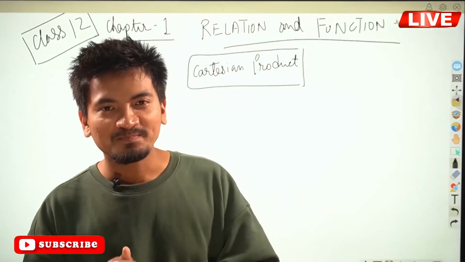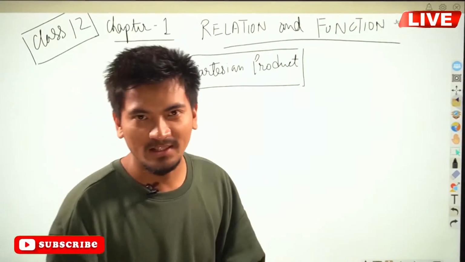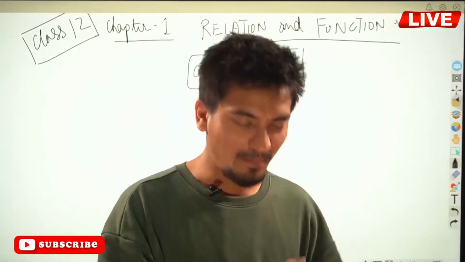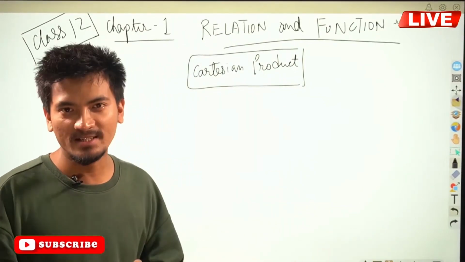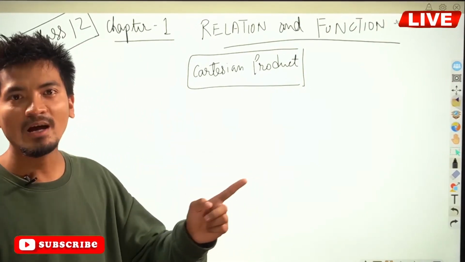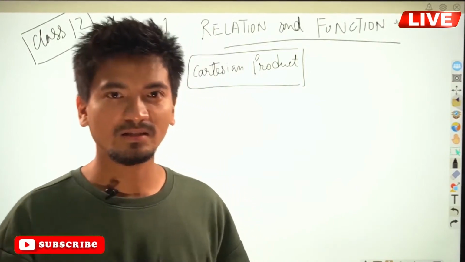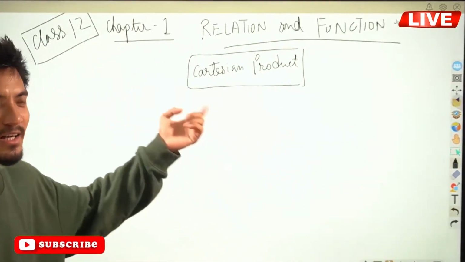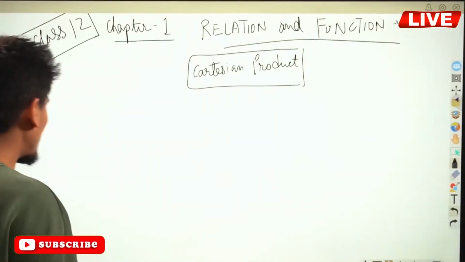If I say there is a family, that family is a set and within that family there are members; those members are the elements of the set. So Cartesian product means the product of two sets. This one is the set A, this one is the set B, so their product will be the Cartesian product.